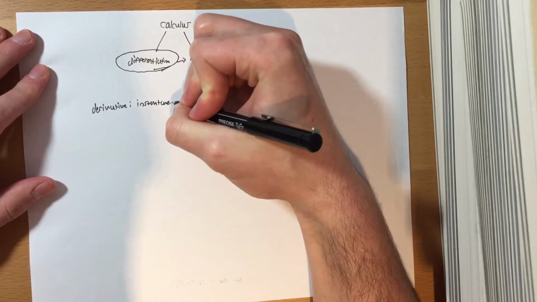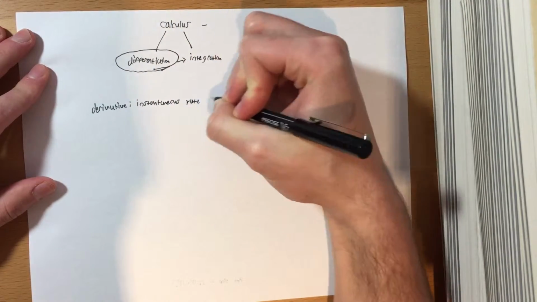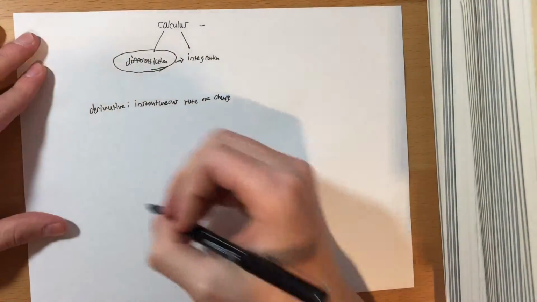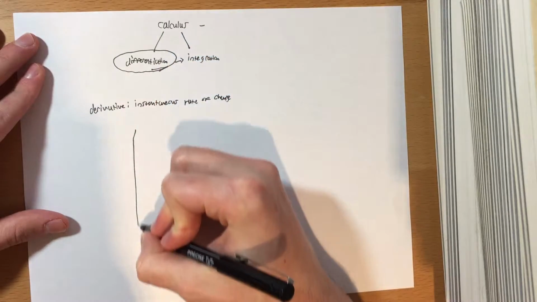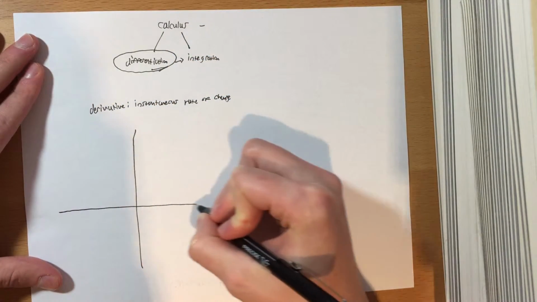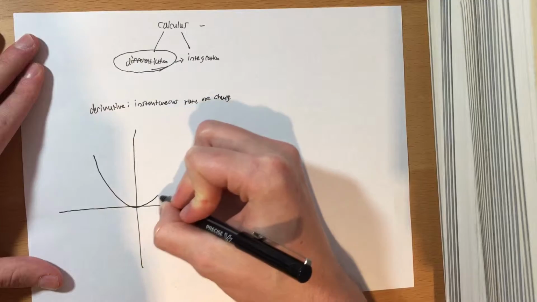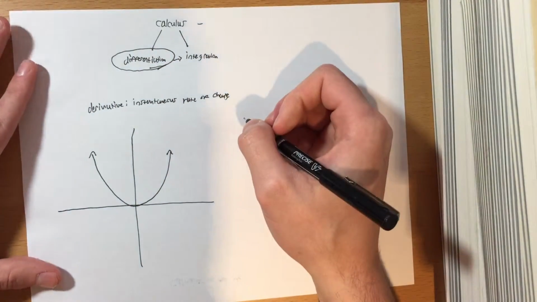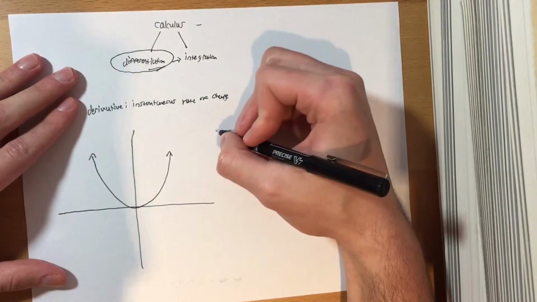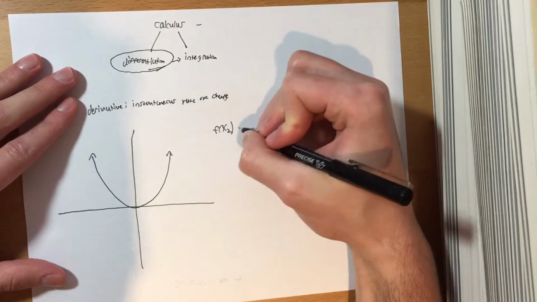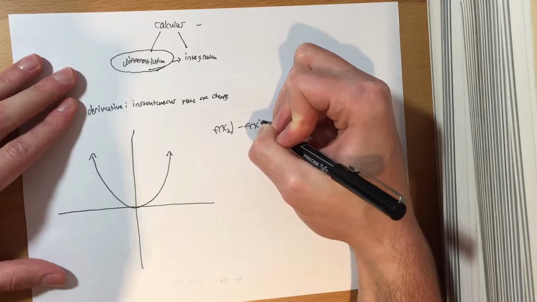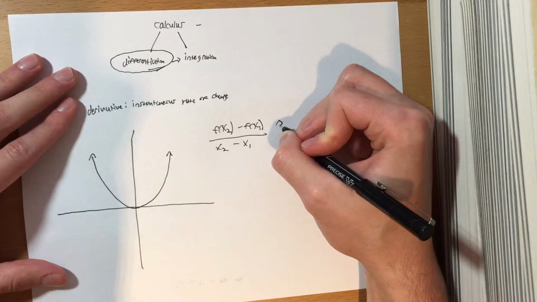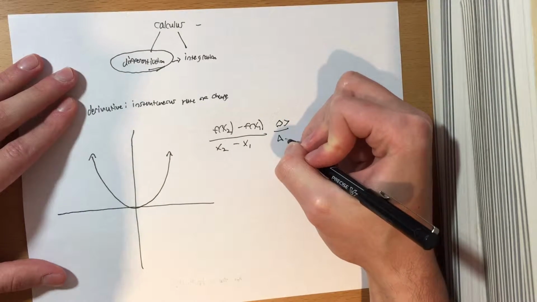Think about it as a slope, but at one point instead of two, because we know, for example, let's take the function x squared, that we can typically find the slope just doing f of x2 minus f of x1 over x2 minus x1, delta y over delta x.